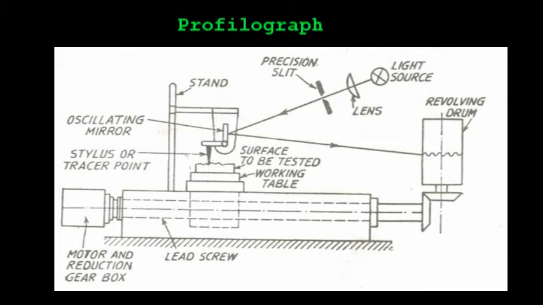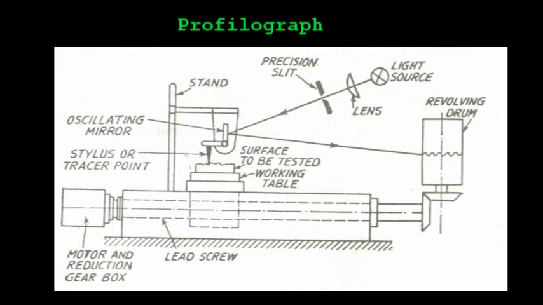A light source sends a beam of light through the lens and a precision slit to the oscillating mirror. The reflected beam is directed to a revolving drum upon which a sensitized film is arranged.